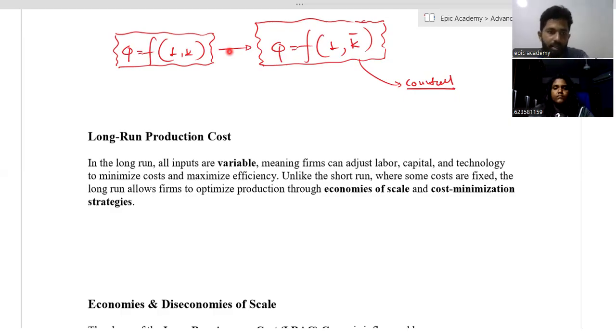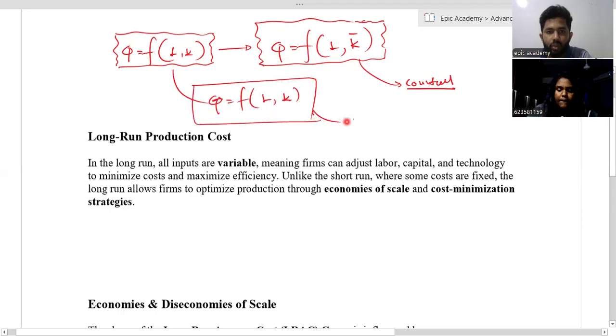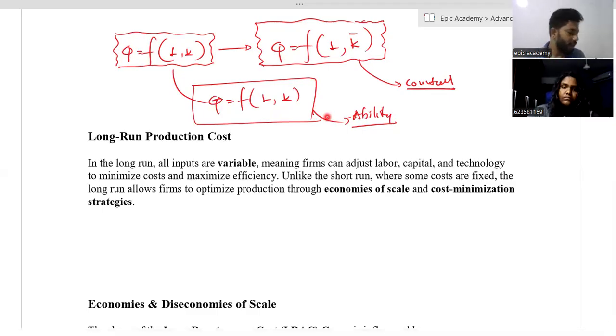But here, you can write the Cobb-Douglas production function related to the long-term period, with L variable and K also variable. That means you have the ability to change each and every factor used in the production process, isn't it? Yes, we call it the long-term production process.